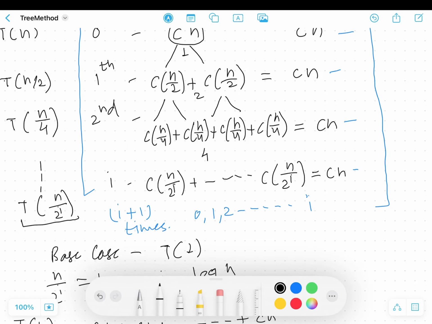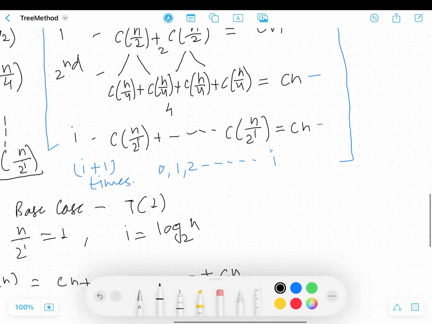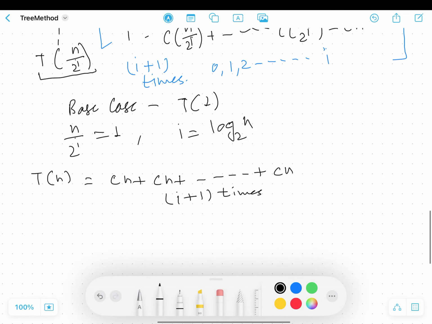So we are going from 0 to i, and we are going to sum Cn i plus 1 times.